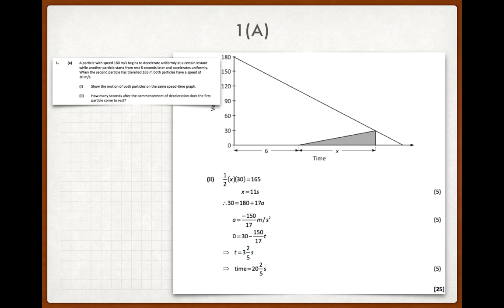When I did this, I looked from 180 down to the bottom, and then I subtracted the times. But it makes sense just to use the last triangle, the white triangle on the bottom right hand side. So initial velocity is 30, final velocity is 0, acceleration from the previous part, and you get a time of 3.25 seconds. Add that on to the 17 seconds, and it will give the answer.